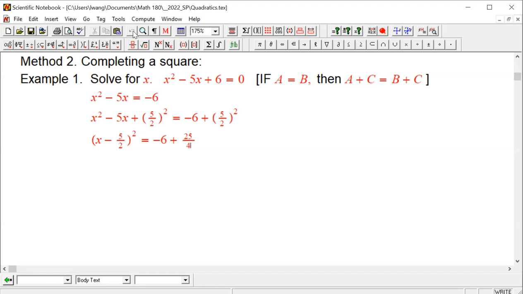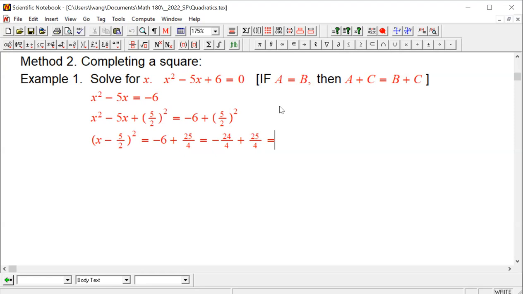25 over 4. What does -6 plus 25 over 4 equal to? Well, we may find the common denominator, which is going to be 4. So -6 is going to be -24 over 4 plus 25 over 4.